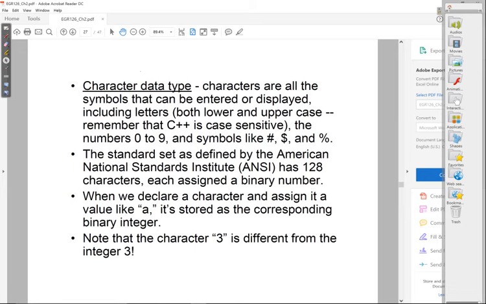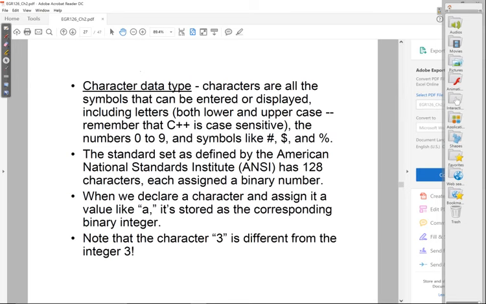The next data type I want you to be aware of is a character. A character is any symbol that you could type in from a keyboard. It could be all the numerical digits, 0 through 9. It could be all your letters, upper and lowercase, A through Z. And it could be all your punctuation symbols, exclamations, commas, semicolons, colons, and so on and so forth.